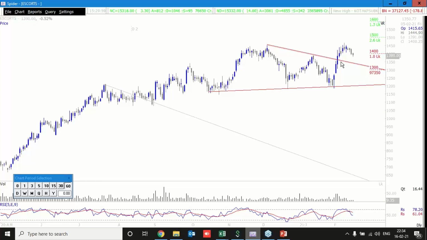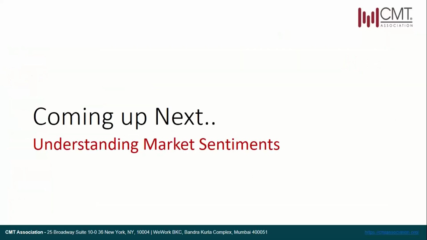That's when the activity is the most important, and it does not matter if there was volume at the beginning of the day or not. If there is a high amount of activity during the breakout area, that's the main thing to be watched. And so now with this, I would conclude today's session.